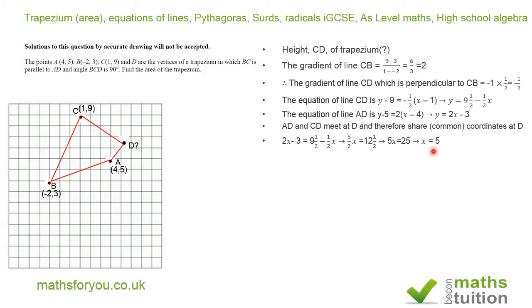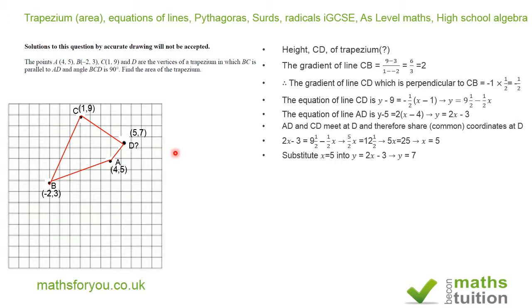So the x coordinate at the point D is 5. If we then substitute x equal to 5 in y is equal to 2x minus 3, we end up with y is equal to 7. So the coordinates of the point D would then be 5, 7.